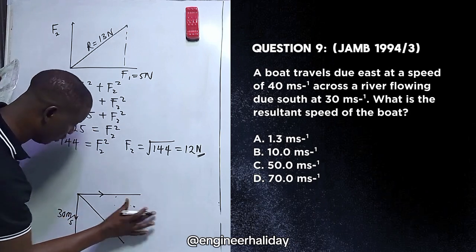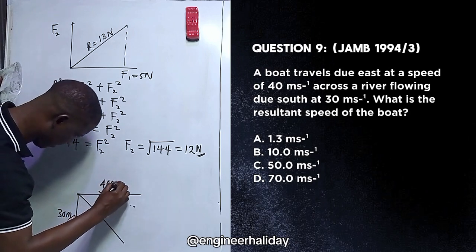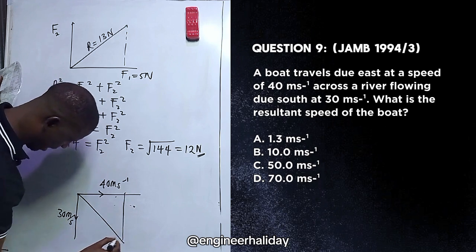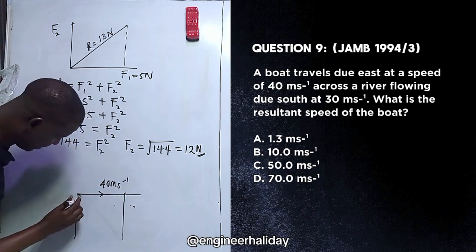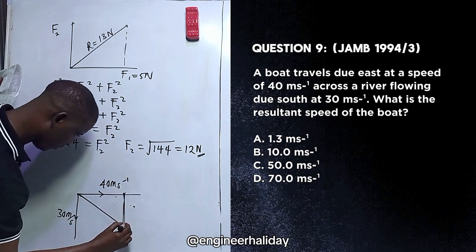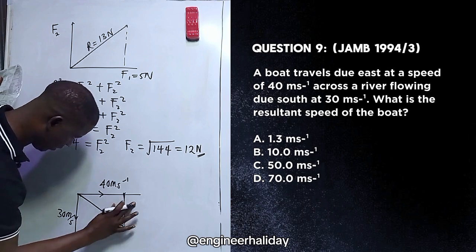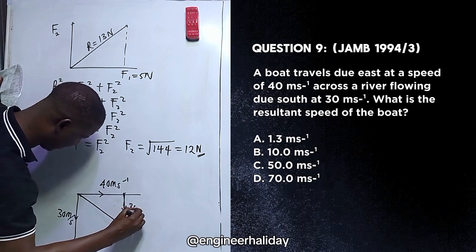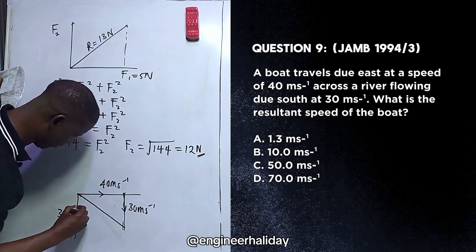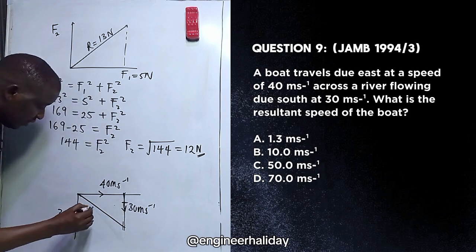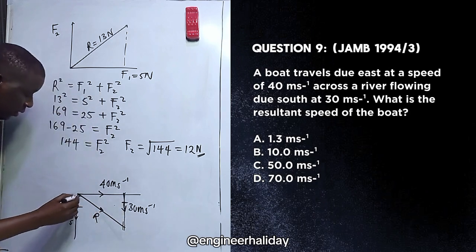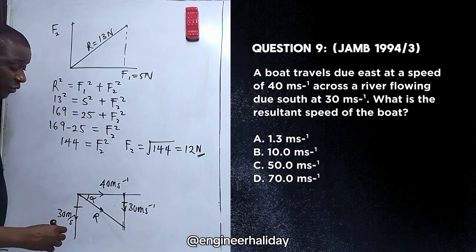Now, if I redraw it, this is 40, and this is 30 meters per second. The resultant is what we are looking for, the direction of the resultant of the boat.